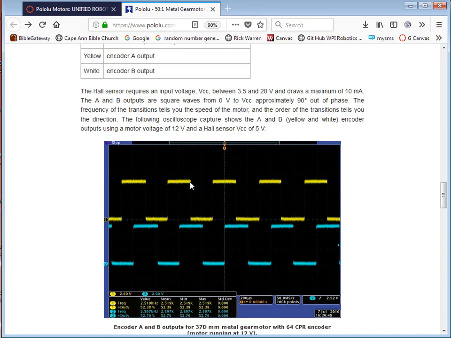Record the time at each tick, and if you're just looking at the rise, then you know you've gone 1/16th of a revolution of the motor, or 1/800th of a revolution of the shaft. If you know the time when that happens, you can figure out the speed very easily. That's an easy way to determine the velocity at any particular time: just look at the time it takes to go from one rise to the next.